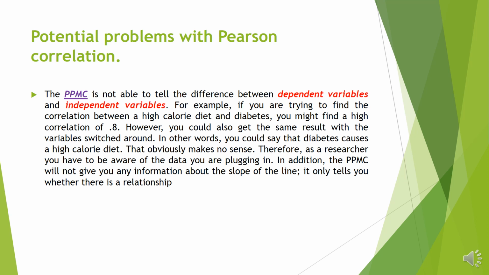In other words, you could say that diabetes causes a high calorie diet. That obviously makes no sense. Therefore, as a researcher, you have to be aware of the data you are plugging in. In addition, the PPMC will not give you any information about the slope of the line. It only tells you whether there is a relationship or not.